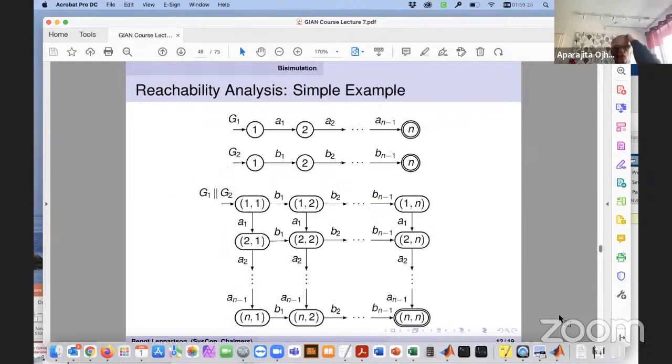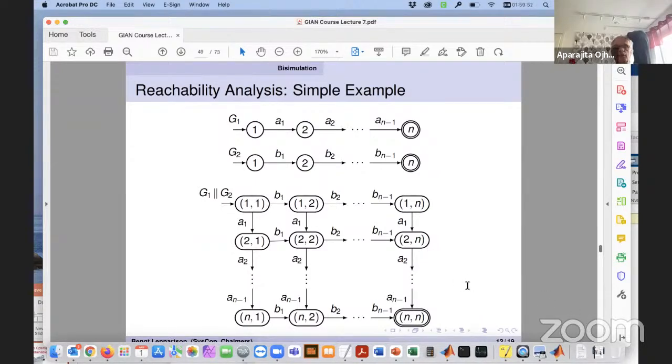Let me illustrate that. Here we have an example with a sequence of events and one final marked state, the same for the second, but they have different transition labels. If you synchronize this, you get n square states.